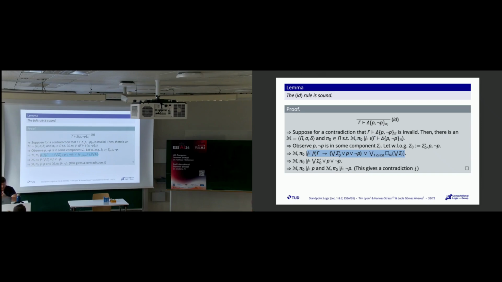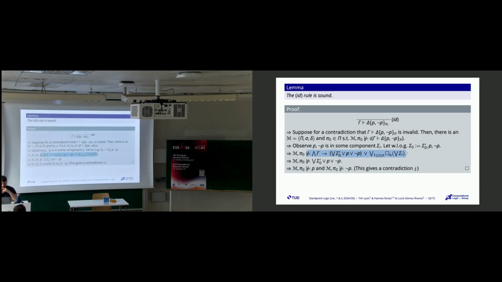If you recall from yesterday, when we take the formula interpretation of a nested sequent, we form a conjunction with the antecedent, transform the sequent arrow into an implication, and then we form a giant disjunction with everything in the consequent. Now, since we know that P and not P occur at the root component of the nested sequent, we have them occurring here in this disjunction.